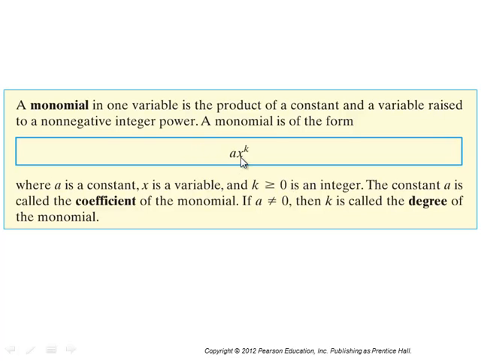Now the constant a here is called the coefficient, and k is the degree of the monomial. So the power is the degree of the monomial.